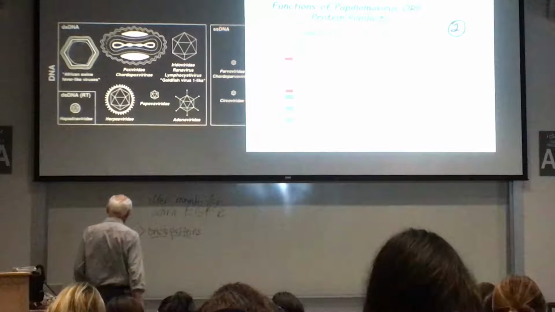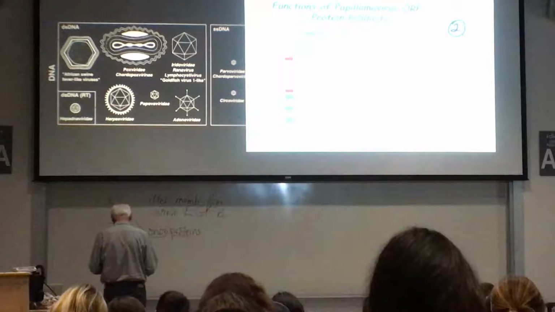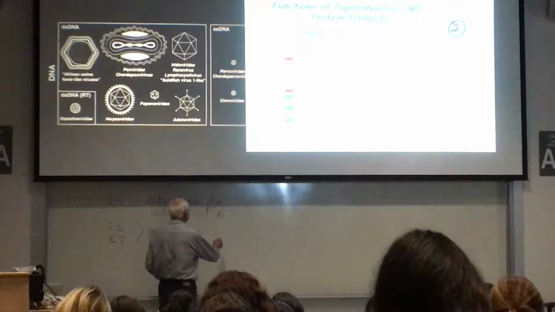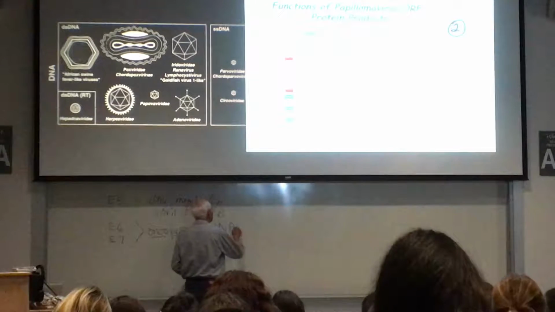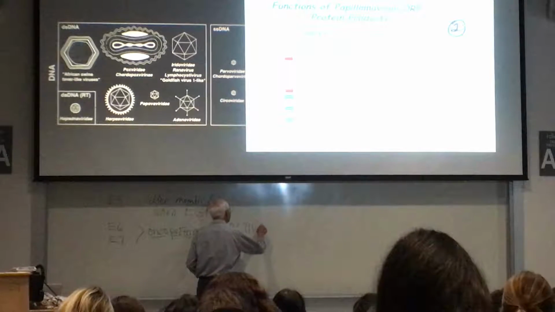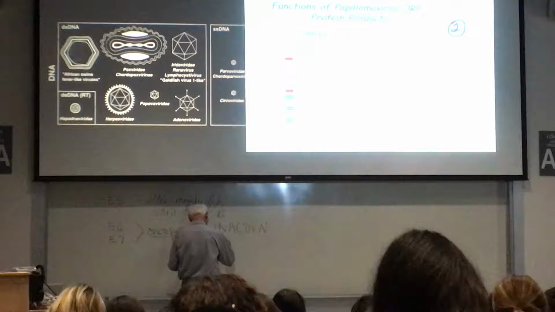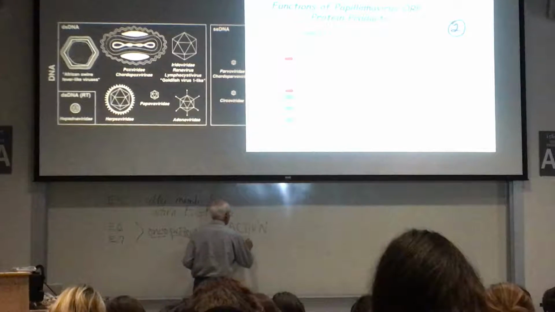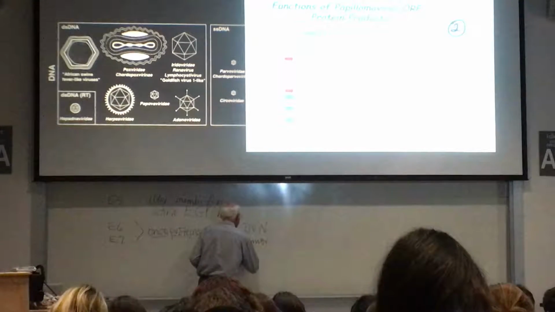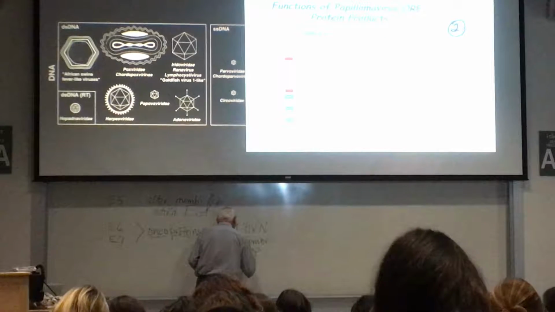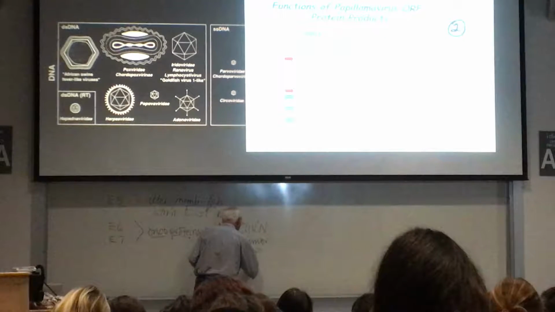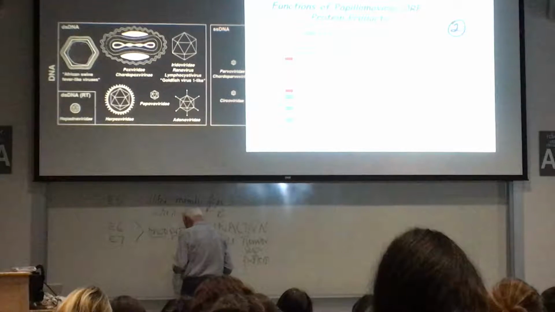And so how do E6 and E7 work? They work by inactivation of the cellular tumor suppressor proteins, and there are 2 of them that will be inactivated.